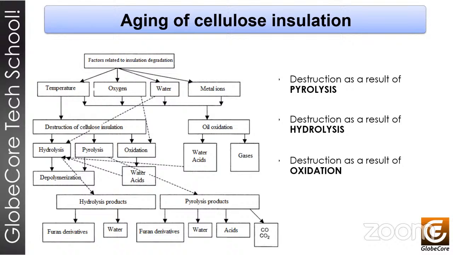In oxidized oil, the aging rate of cellulose insulation increases by 1.5 to 1.6 times, depending on the temperature. An increase of oxygen content leads to an increase of the rate of cellulose aging by 3.5 to 3.7 times, depending on temperature.